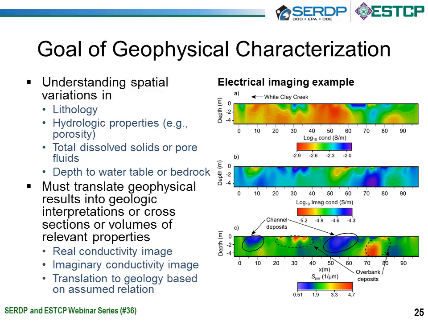The interpretation now shows where the coarse grained channel deposits are versus where the finer grained overbank deposits are. But this is an interpretation, and the translation that you see in this image from these geophysical properties to this estimate of the distribution of surface area is uncertain.